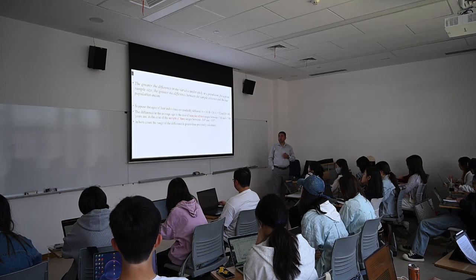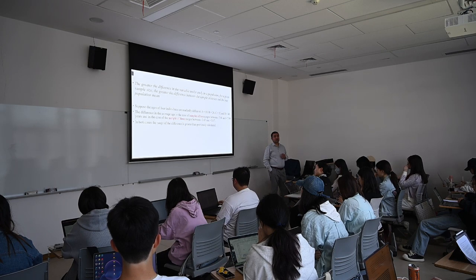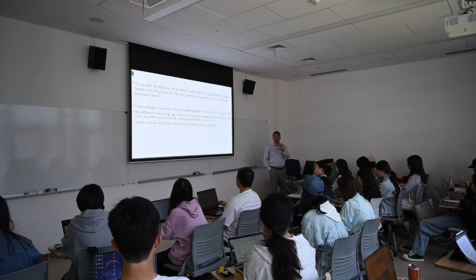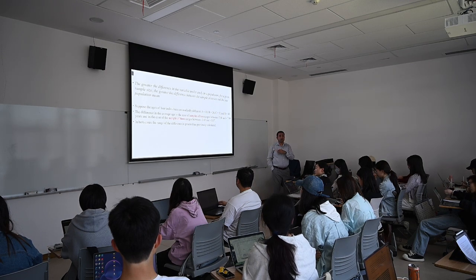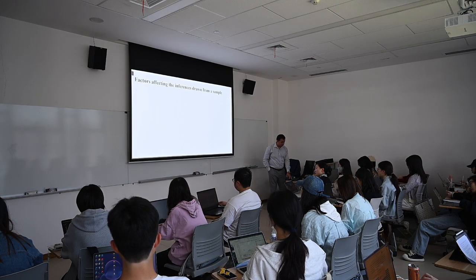You can see in both cases the range of the differences is greater than previously calculated. Why? It is because of the variables. In the variables there are greater differences.